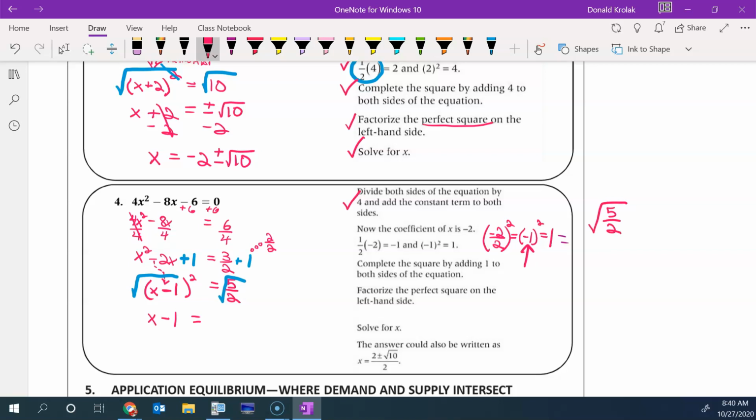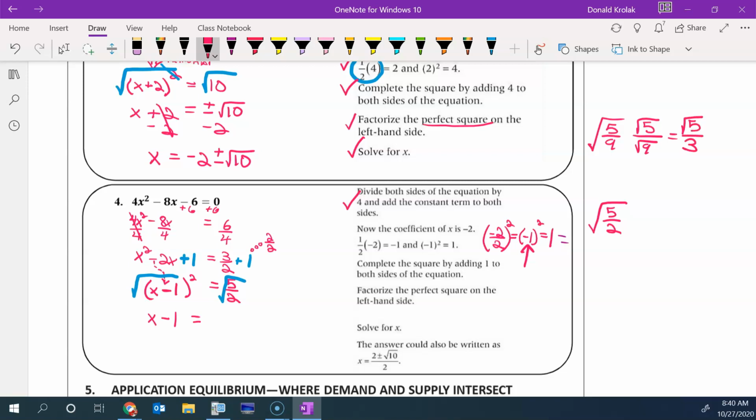A couple of ways you can do it. If the bottom's a perfect square, you can just separate it. So if I had something like this, 5/9, then I could do that. And I'd end up with √5/3.